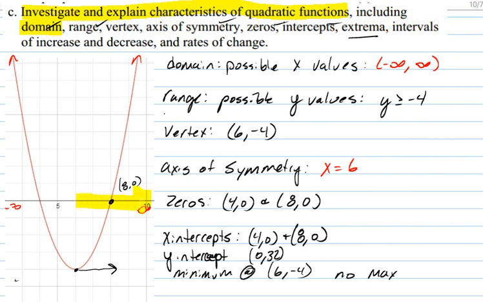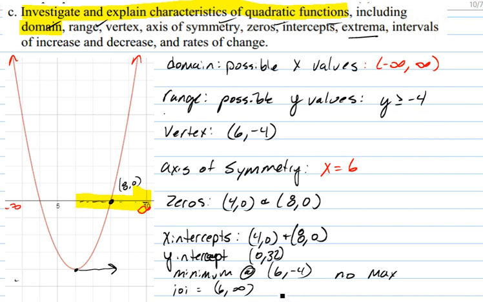My graph continues to increase in value. So that means that my interval of increase, or my IOI, is from 6 to infinity. And again, I read that along the x-axis. I start going up at 6, and I keep going up to infinity as I go along the x-axis.